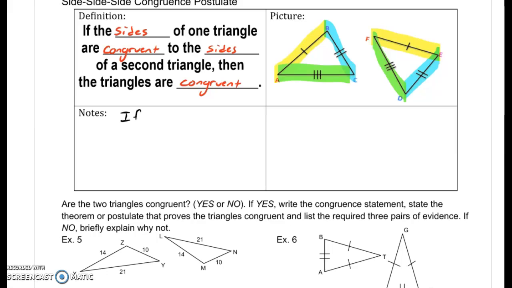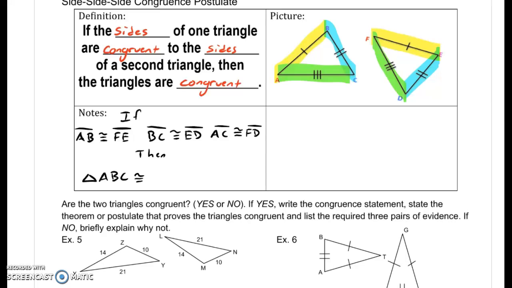If AB is congruent to FE, BC is congruent to ED, and AC is congruent to FD, then triangle ABC is congruent to triangle FED.